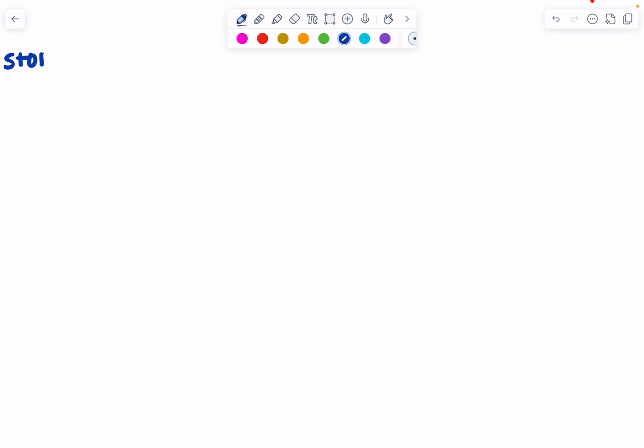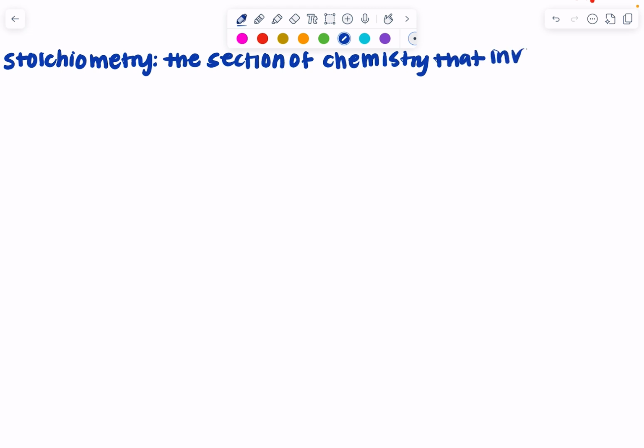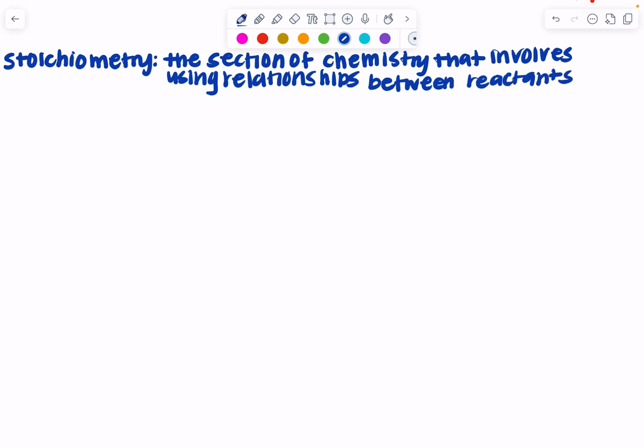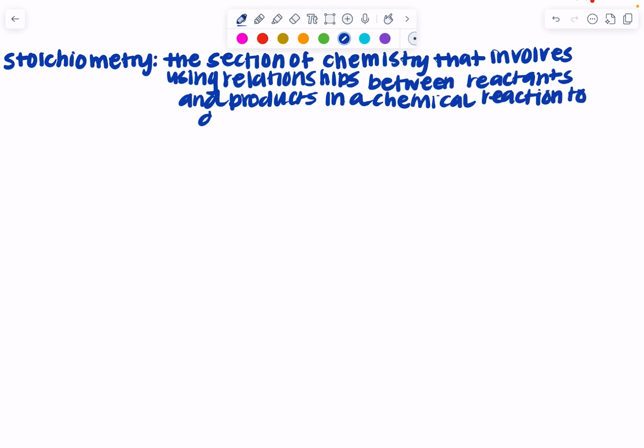The definition of stoichiometry is the section of chemistry that involves using relationships between reactants and products in a chemical reaction to determine desired quantitative analysis.